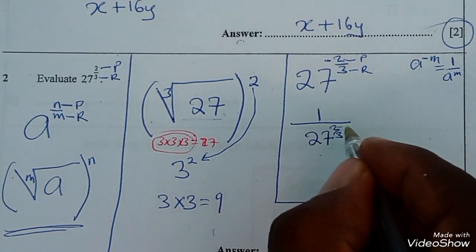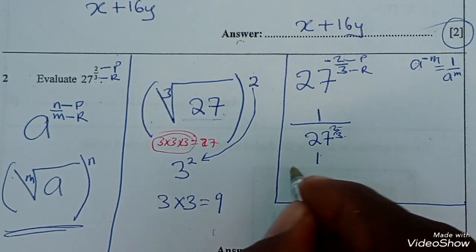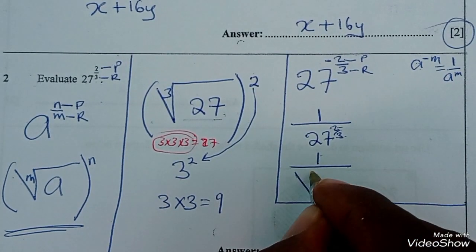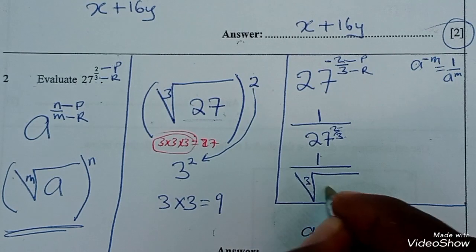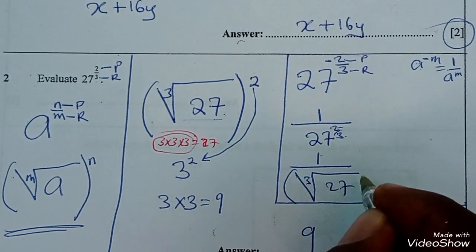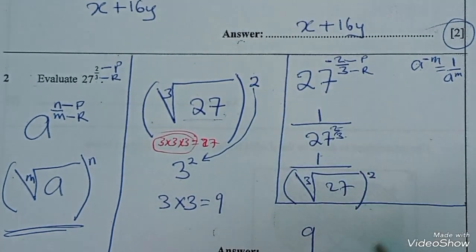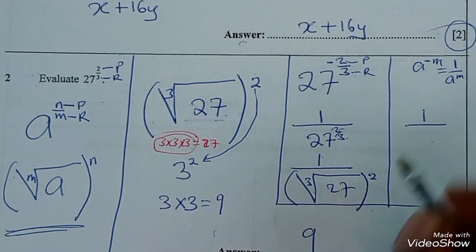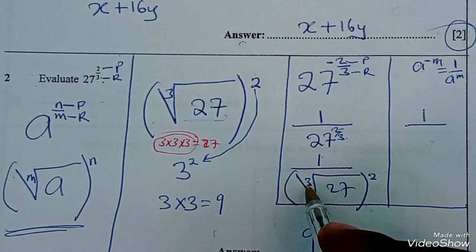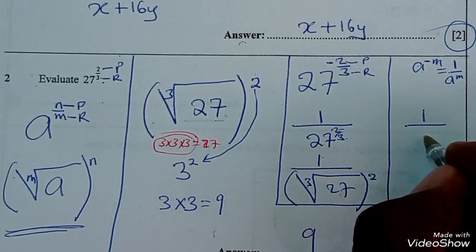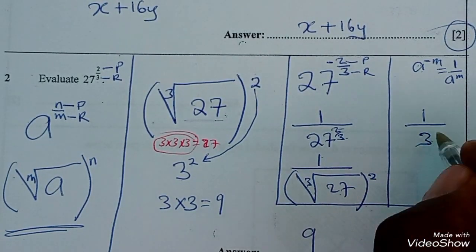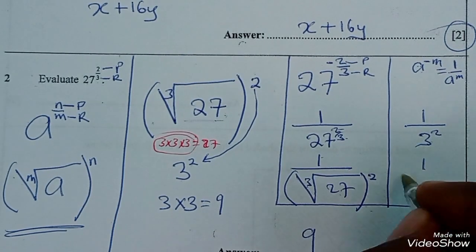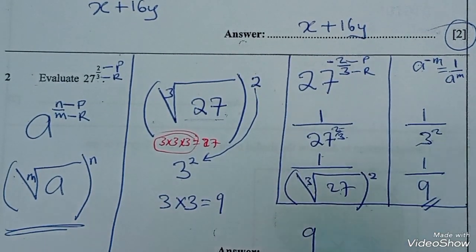So remember that this is a power, this is a root, so it will be 1 over the cube root of 27 to the power 2. So in this case, we say 1 over the number that we multiply 3 times gives us 27. That is 3 to the power 2. So the answer is 1 over 9.